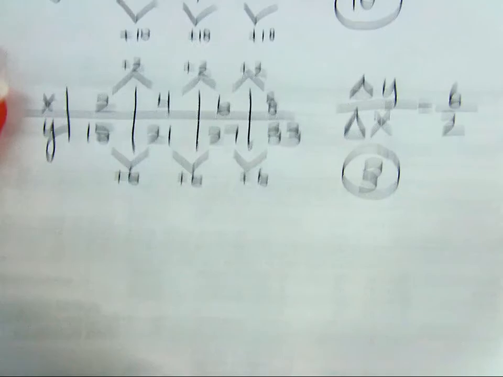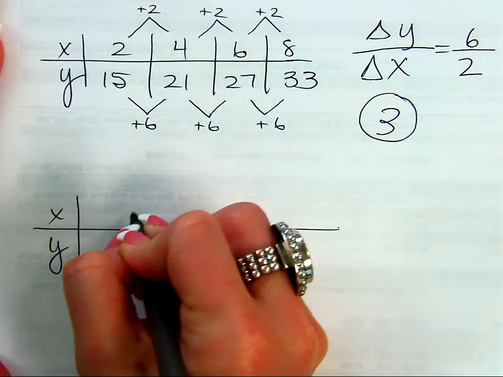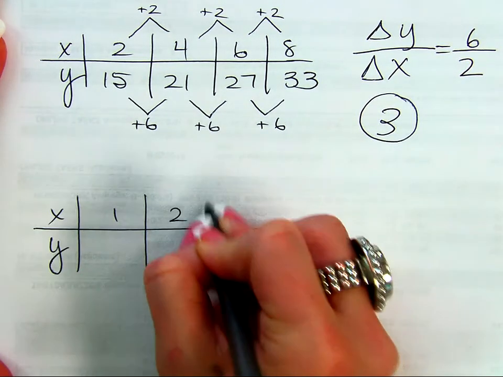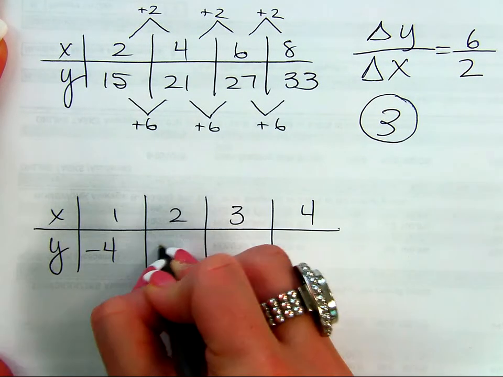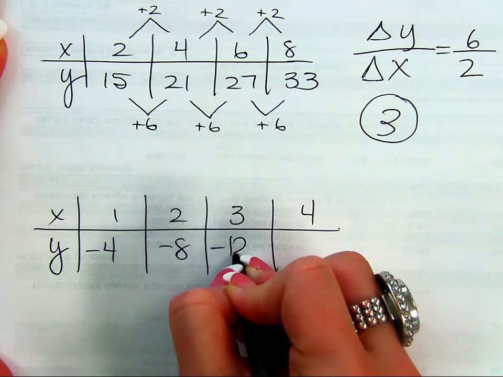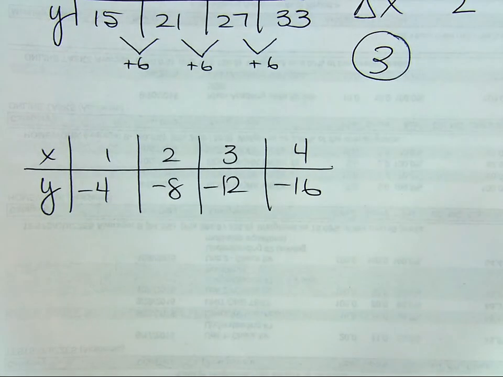Okay, so then we got to start making them a little trickier. So if I have 1, 2, 3, 4, -4, -8, -12. Okay, just think about your number lines.